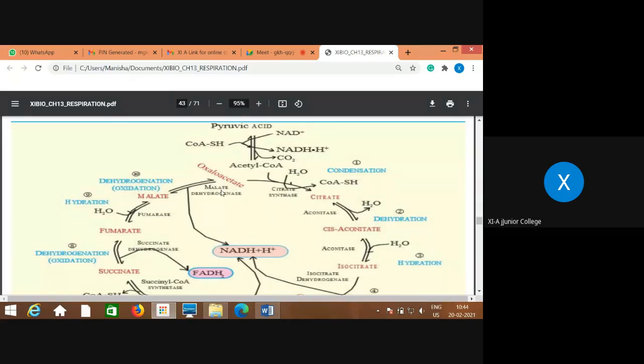Then this 4-carbon compound and this acetyl coenzyme A, that is a 2-carbon compound, the first compound which is produced is a 6-carbon compound, and that is called citric acid or citrate.